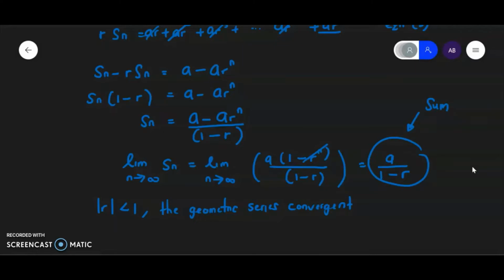Else it diverges for r greater than 1. Okay, I hope that's understood better.